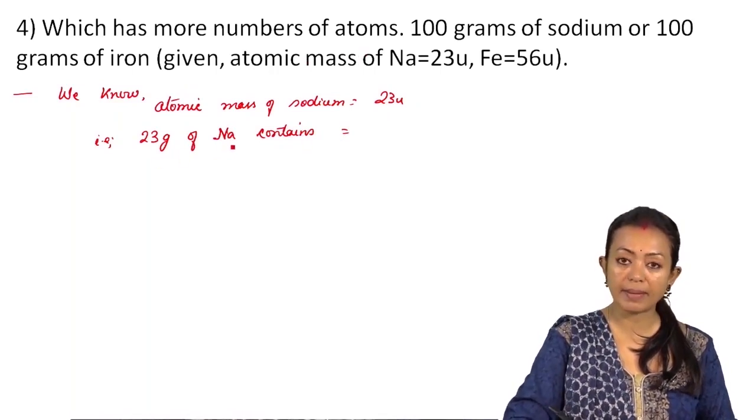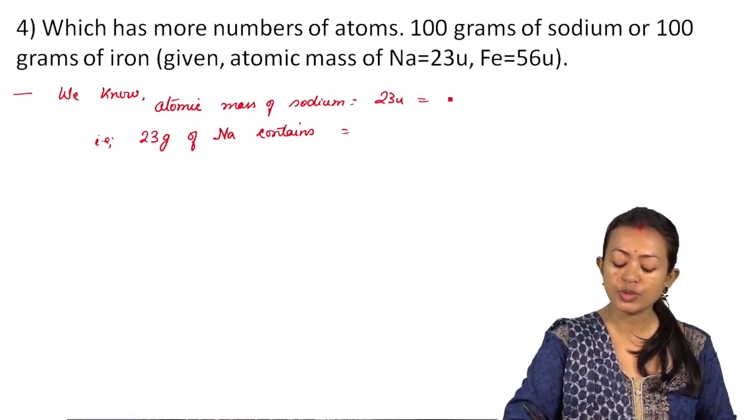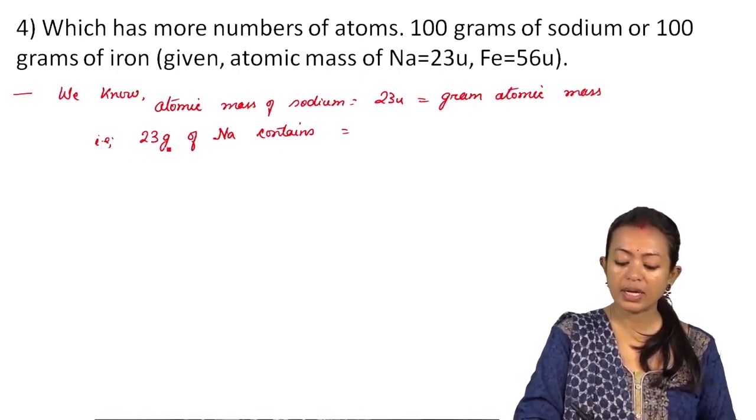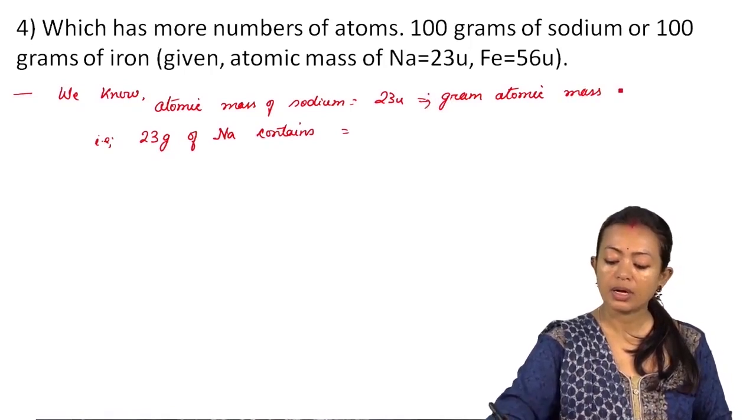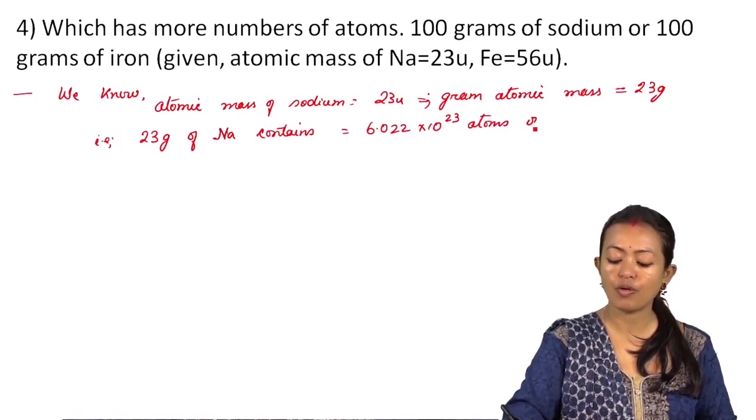So 23 gram, that is the gram atomic mass, of sodium contains 6.022 into 10 to the power 23 atoms of sodium.